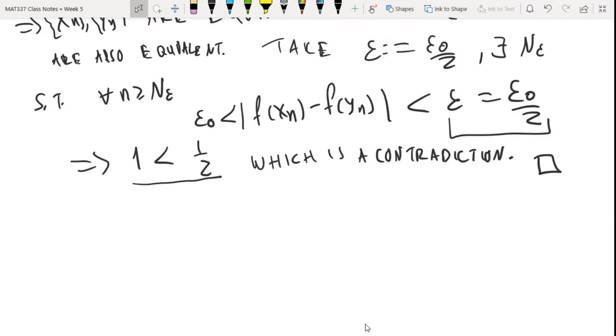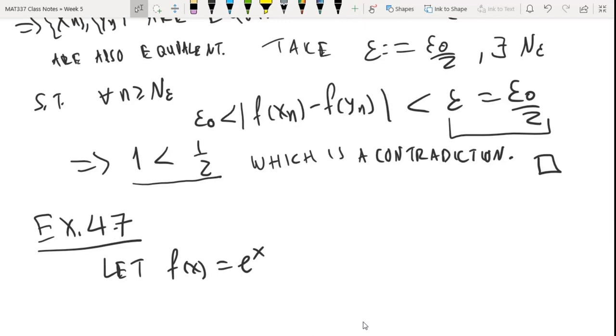So, okay, let's see. Yeah, let's do some examples. So this is example 4.7. Let f be e of x, from 0, 1 to the reals. Okay, we'll show that it is UC.